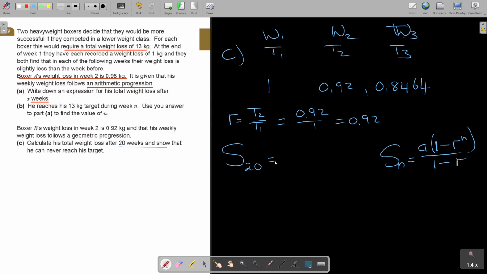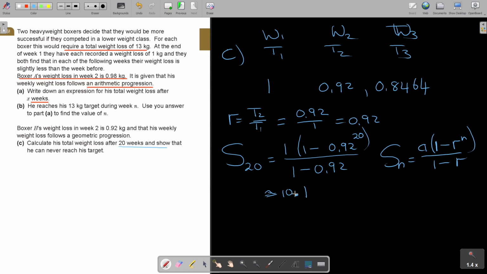So I have a is 1, and then 1 minus 0.92 to the power 20, over 1 minus 0.92. And if I press that on my calculator, I get 10.1.